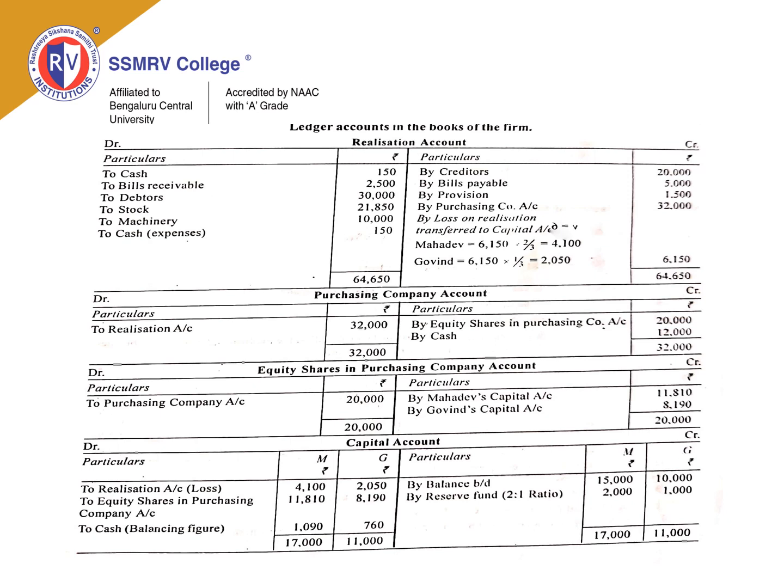And whatever balance amount remains after calculating the final claim ratio and distributing the equity shares, whatever balance is remaining in the capital account has to be paid in the form of cash, and their account is to be settled. Then the next account that is prepared is the equity shares in purchasing company account.